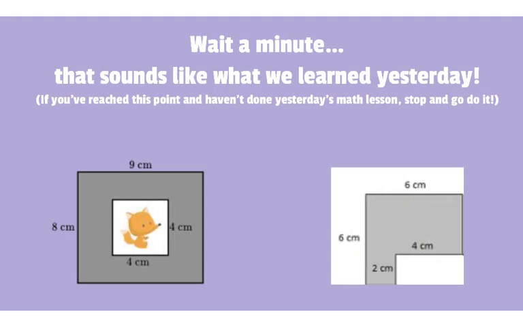Well, in the problems that we did yesterday, the cutout is a complete square or rectangle. And the outside, the larger shape, is also a complete square or rectangle. So it makes sort of like a picture frame.